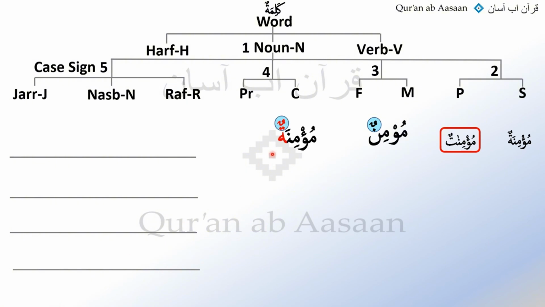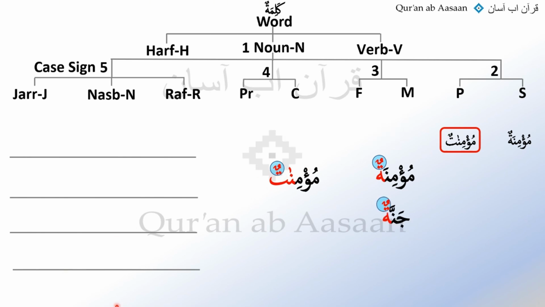We will add the small ta at the end, so it would become mu'minatun. And now this quality can exist in more than one female too. So how would we make the plural for it? This small ta at the end, the tun, we would replace it with atun. Okay, we did that last time.